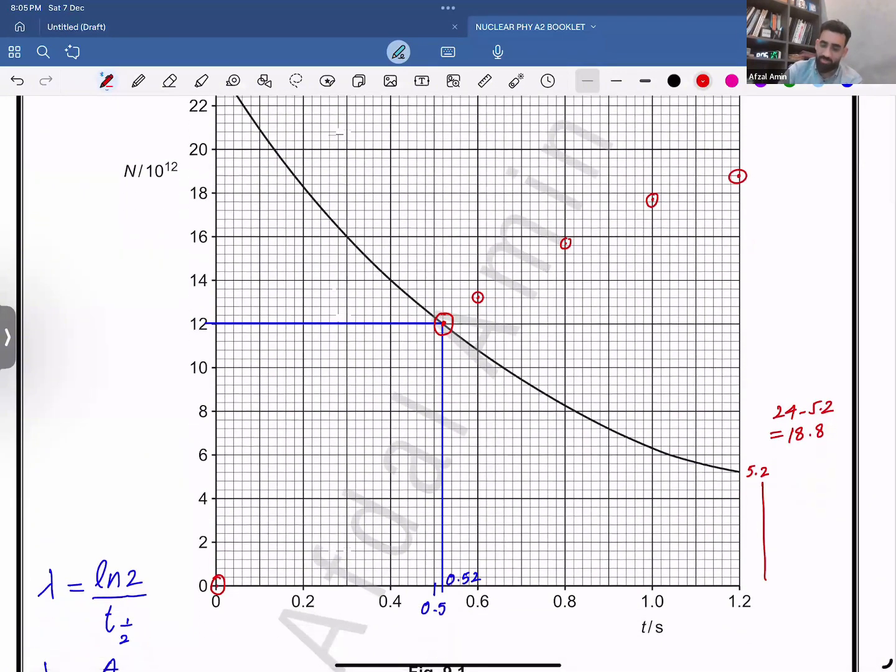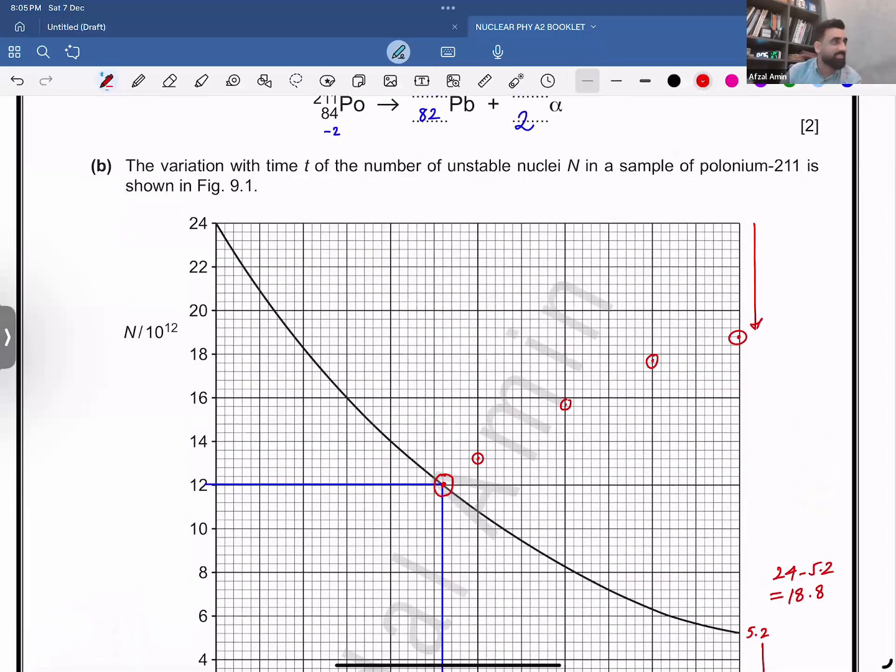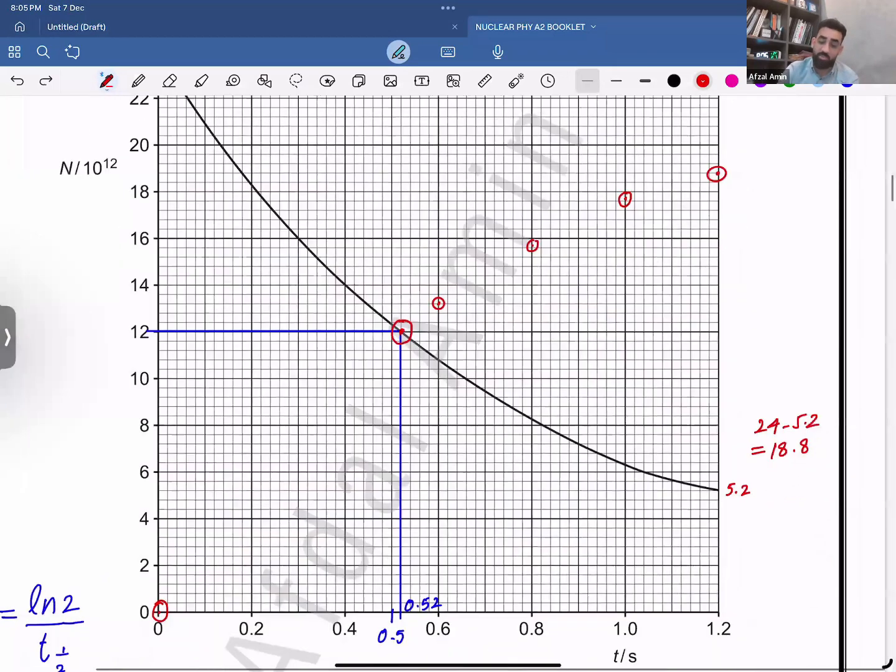If down is 5.2, I'm counting this way, that should also be the same. Have you noticed? I'm cheating a bit. I just told you something else and am doing something else.